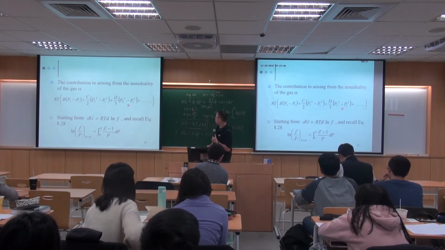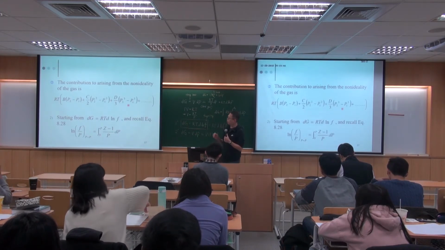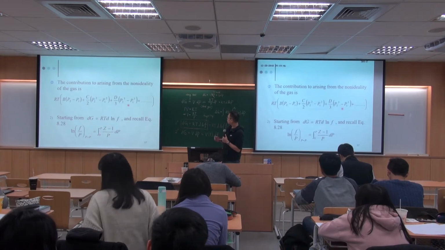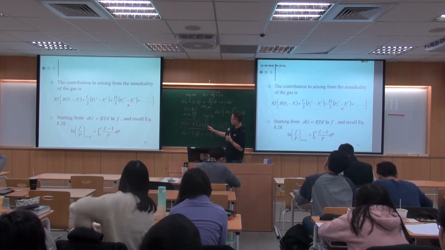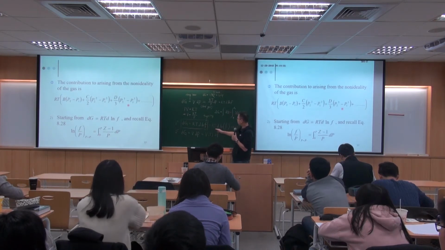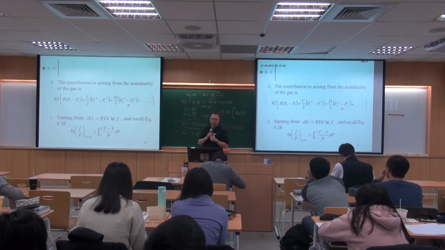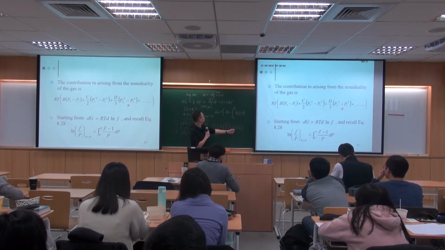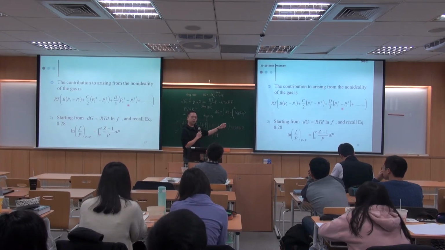And of course, the second way, or the first way I mentioned here, is to start from the definition of fugacity. You start from here, RT d log f. And of course, RT d log f can be decomposed into these two terms. So we'll see that this part is the same as the ideal gas part, and this part is related to the non-ideality of the gas.